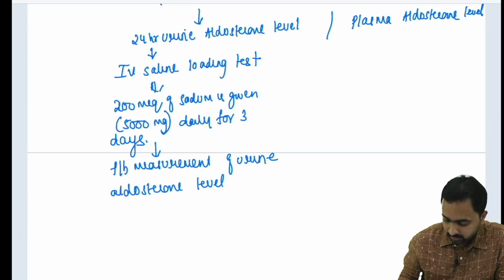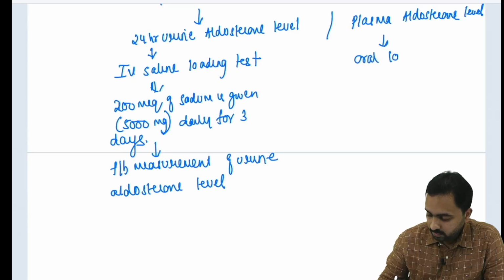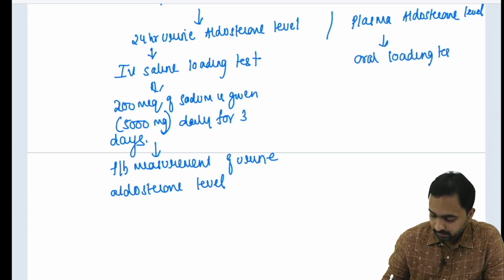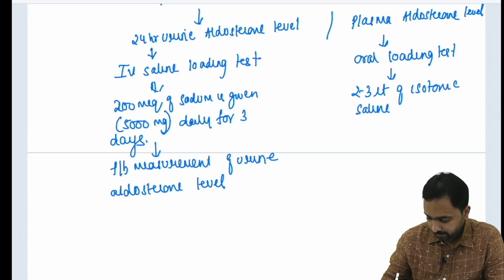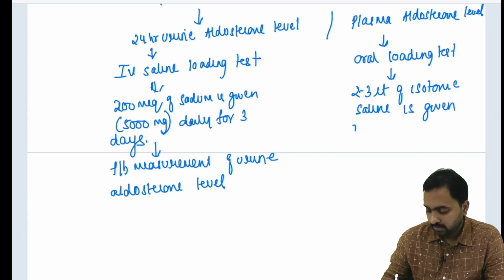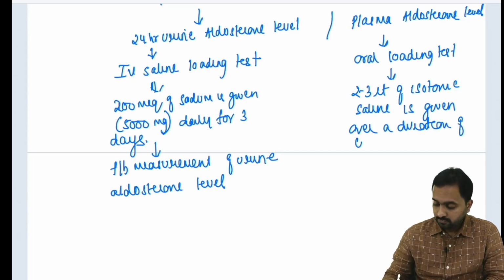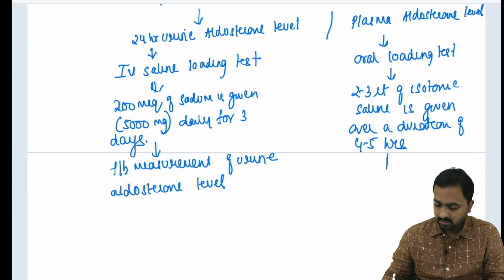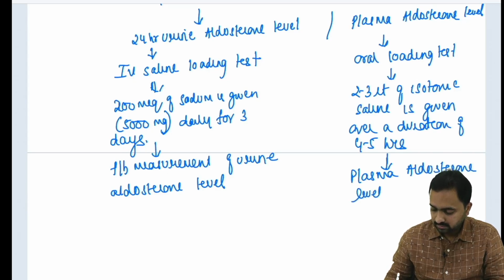And the plasma aldosterone level is done by oral loading test, where 2 to 3 liter of isotonic saline is given over a duration of 4 to 5 hours, and then plasma aldosterone level is checked.